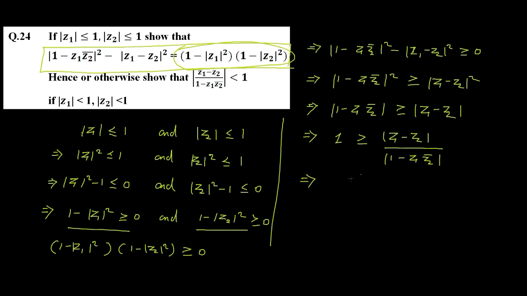That also can be written as |z1 − z2| divided by |1 − z1 z2 bar| is less than or equal to 1. Okay, and here we can write |(z1 − z2)/(1 − z1 z2 bar)| is less than or equal to 1.